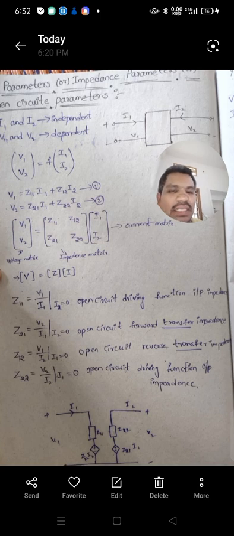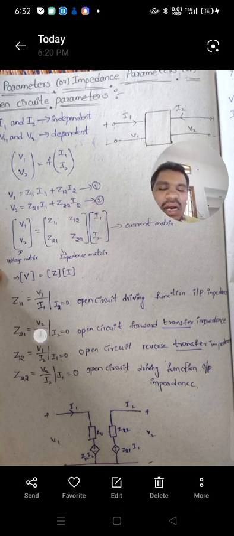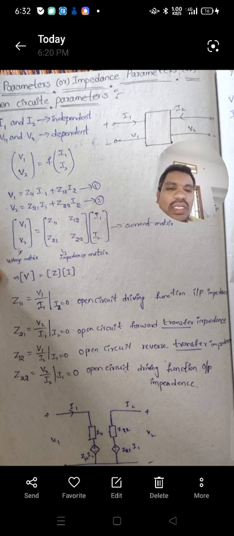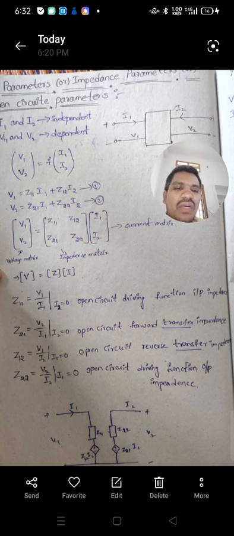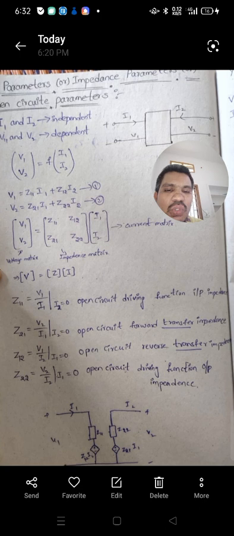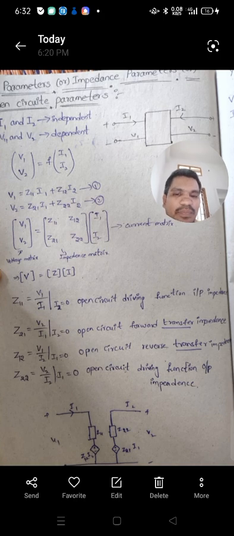That's why this impedance is called the reverse transfer impedance. But in the case of Z21, the output voltage is divided by the input current. That's why Z21 is called the forward transfer impedance. But here Z12 is called the open circuited reverse transfer impedance.